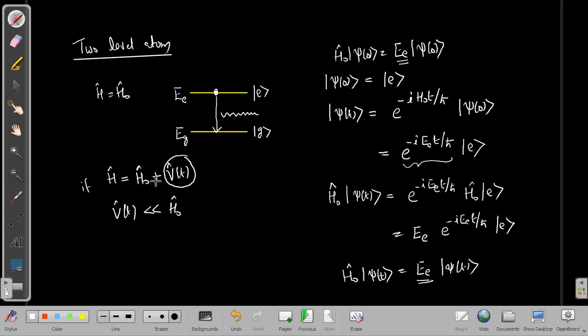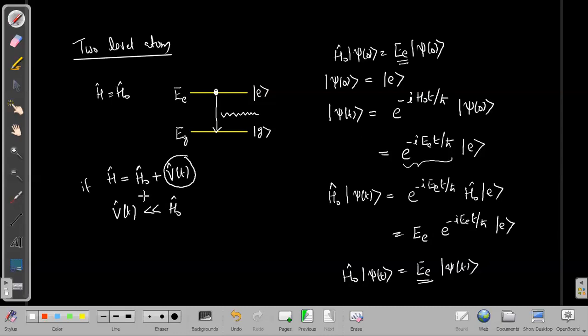Okay, so I will repeat once again. If the total Hamiltonian is simply H0, then there will not be any transition of the system. The system will remain forever in its initial state. But if there is a perturbation, and the strength of the perturbation is much less than the free part of the Hamiltonian, then the first thing is, the presence of perturbation will not make any new possible configurations.